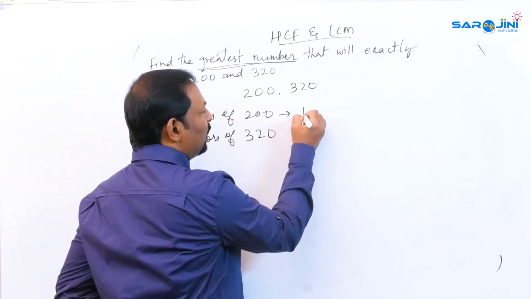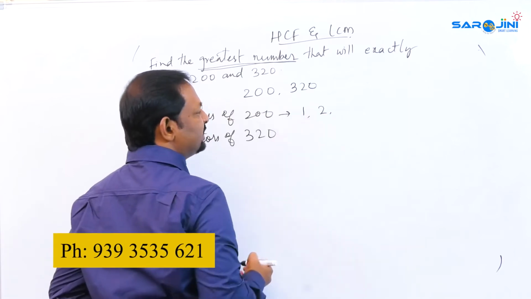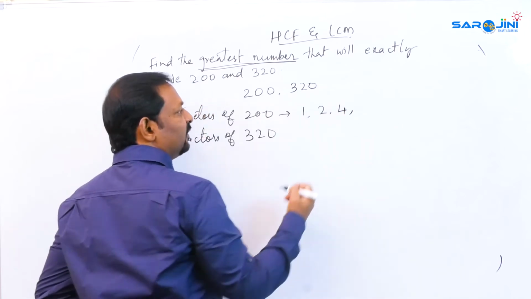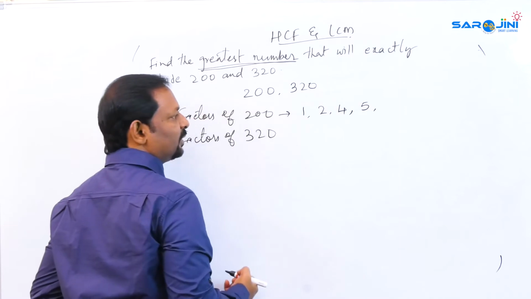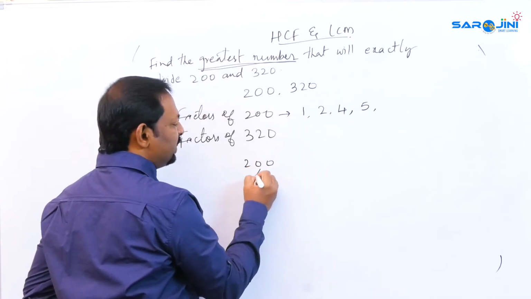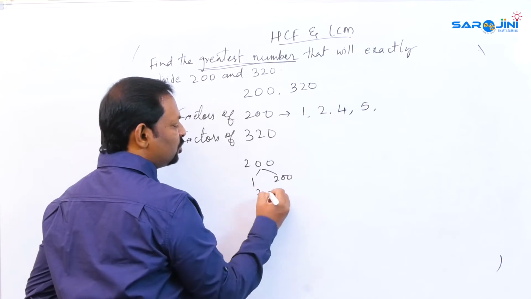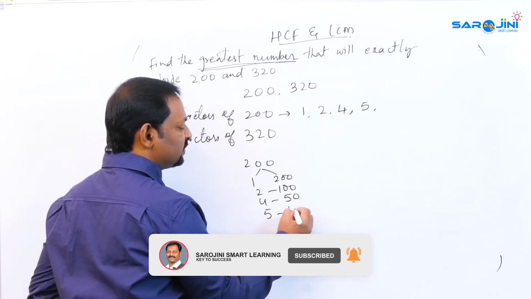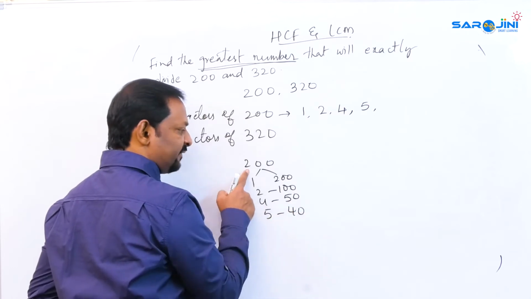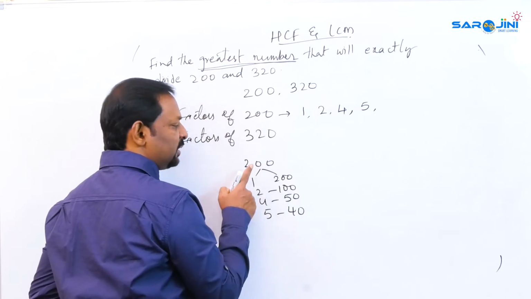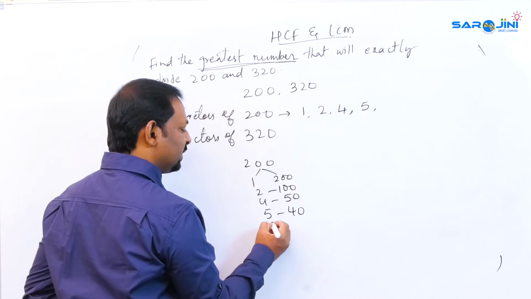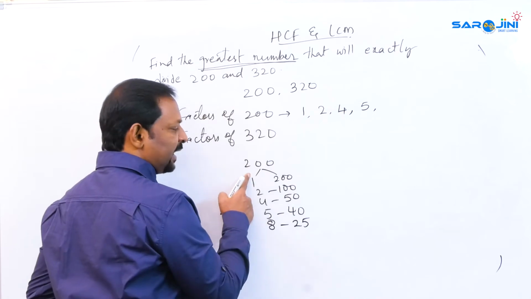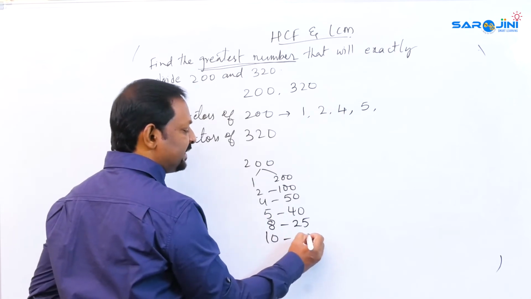1 into 200, 2 into 100, 4 into 50, 5 into 40. 6 doesn't go, 7 doesn't go, 8 we can try: 8 twos are 16, 8 twenty-fives are 200, yes. 9 no, 10 twenties are 200.